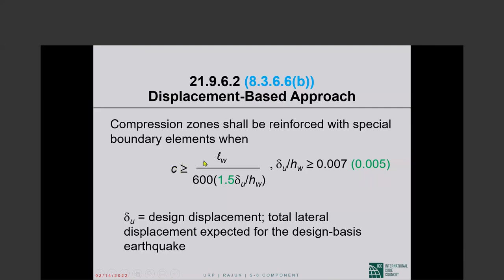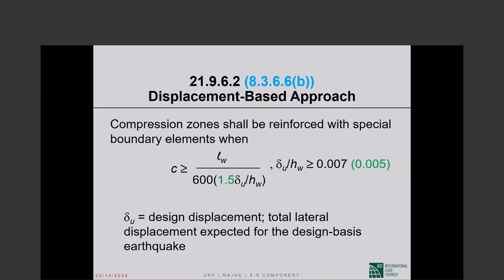C exceeding the right-hand side means you need special confinement. So if you insert 1.5 in the denominator, you are making the right-hand side smaller, so it will be easier to exceed the right-hand side, so you will end up requiring special boundary elements in more and more walls. So this is a huge change in 318.14.